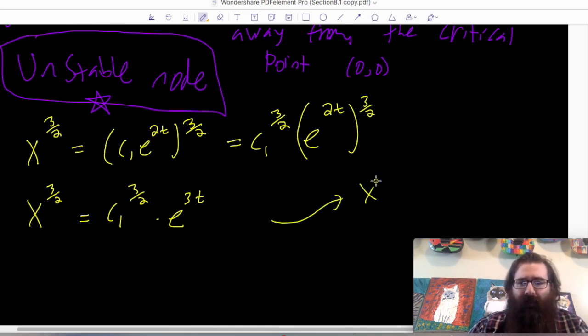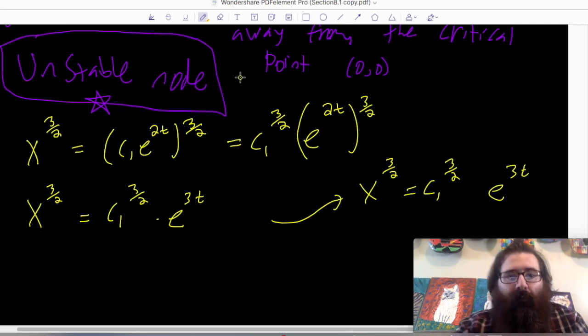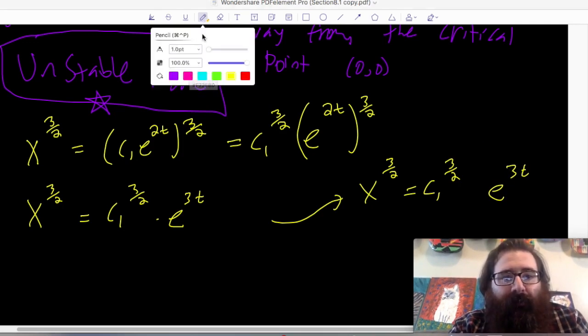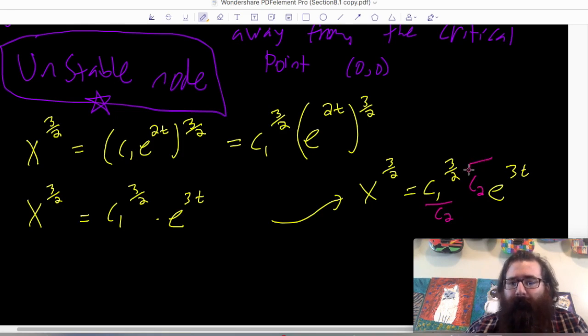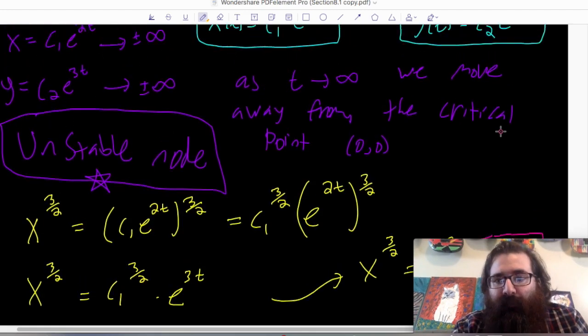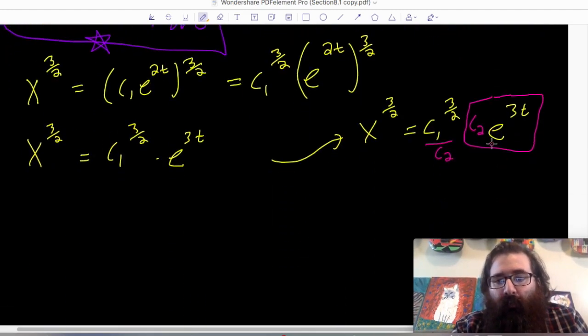So we could say x to the power of 3/2 is equal to c sub 1 to the 3/2 times e to the 3t. But then I can go in here and multiply by a clever form of the number 1. I could multiply by c sub 2 divided by c sub 2. And there I see my expression for y, c sub 2 e to the 3t was y.